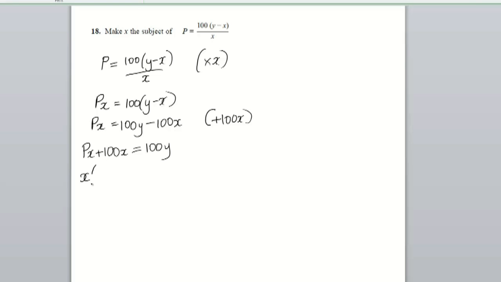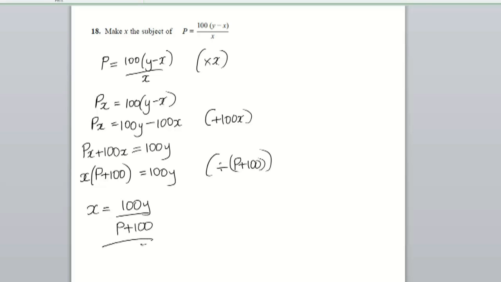But because it's the common factor, I then factorise that left hand side. Now, because I've isolated the x, I can divide both sides by p plus 100. Which means that x will equal 100y over p plus 100.